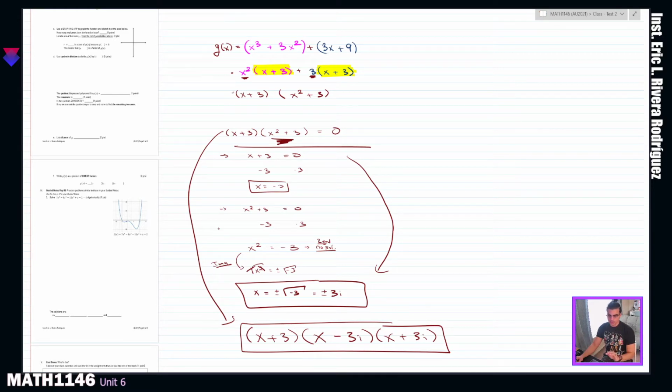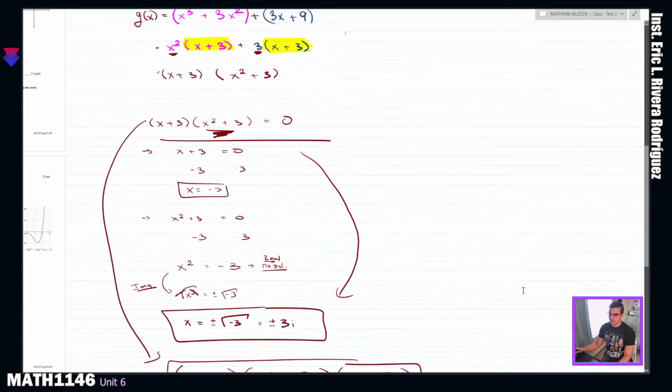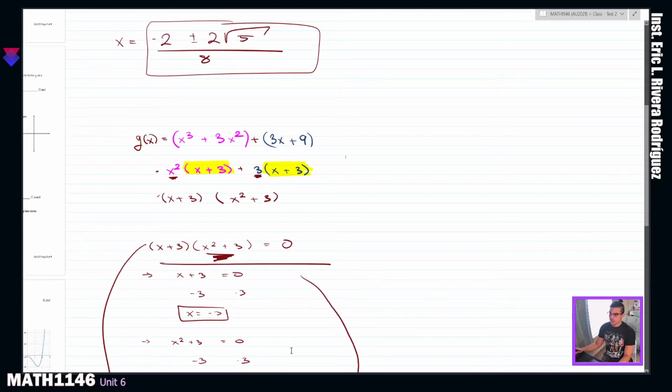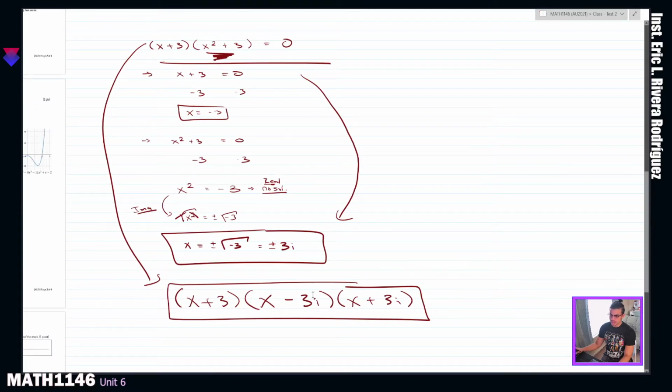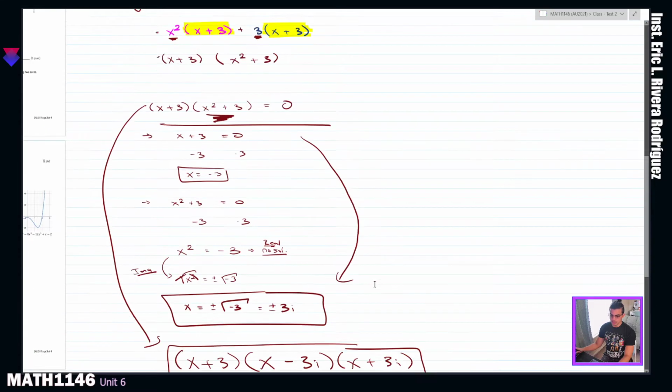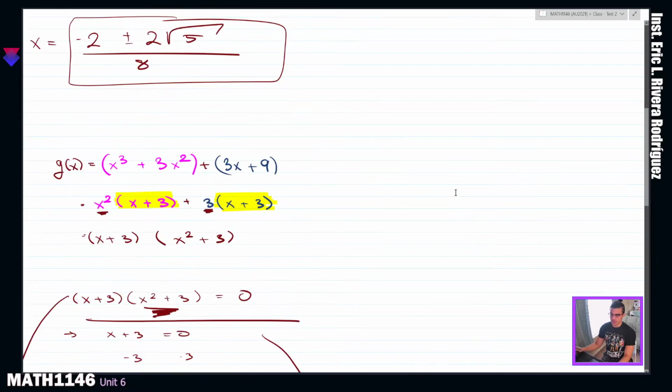We are going to learn how to use the properties of the polynomial to find all the zeros and all the linear factors. So I'm going to use this exact example, but now I'm going to solve it and reach this factor form by the properties that we are going to learn from unit number 6.